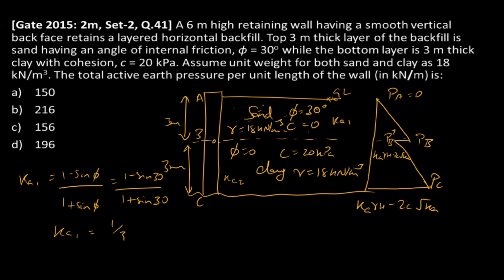So Ka1 will be equal to 1 by 3. So the pressure at the bottom of the sand, Pb, will be equal to Ka gamma H, which is 1 by 3 into 18 into 3, which is 18 kilonewton per meter cube.